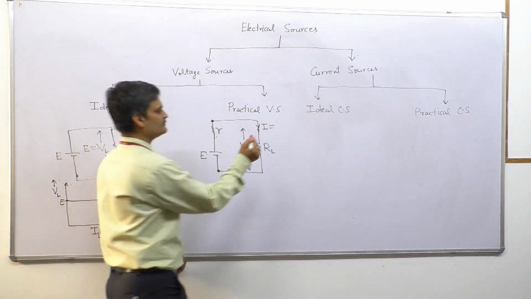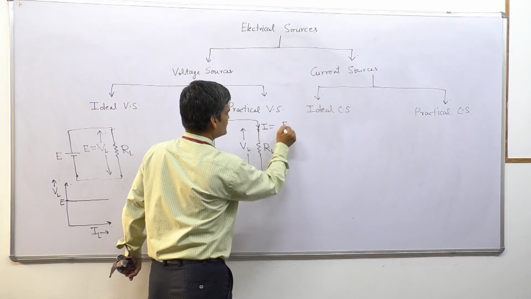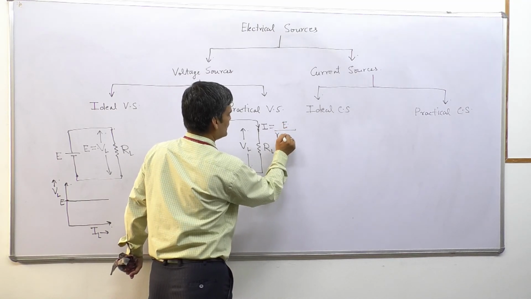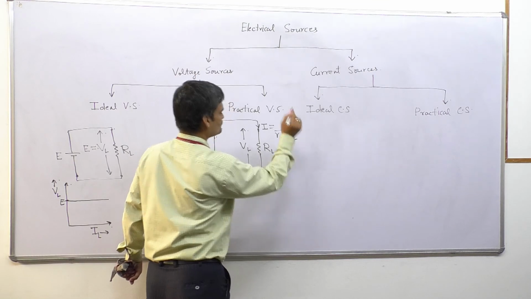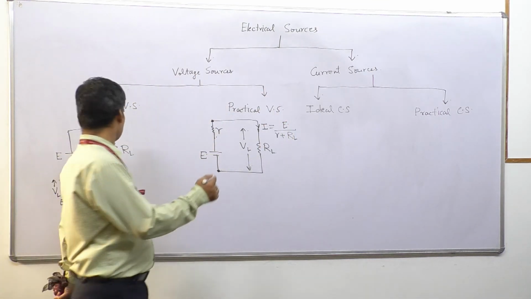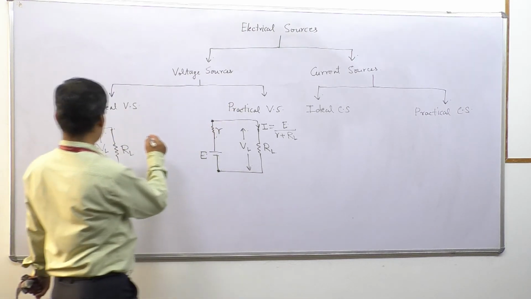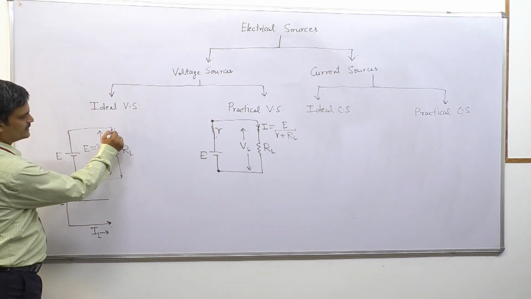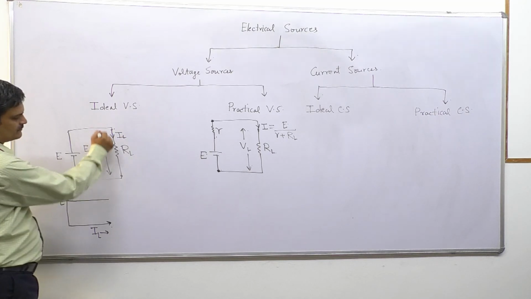In this case we are having I equal to E upon r plus RL. So what is the value of load voltage here? We can label this as load current IL, and this voltage as VL.